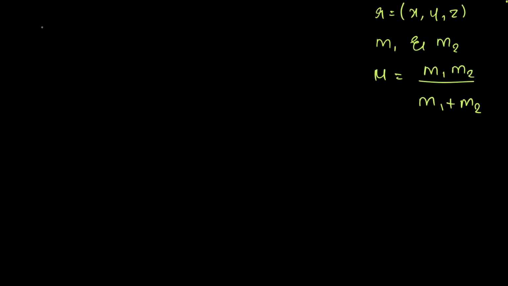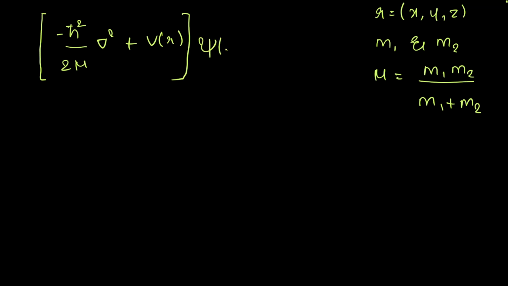If this system has a Schrodinger equation given by minus h cross square by 2 mu del square plus V of r, acting on the wave function psi of r, equals E psi of r. This Schrodinger equation is time independent, meaning it depends on the position vector r only.